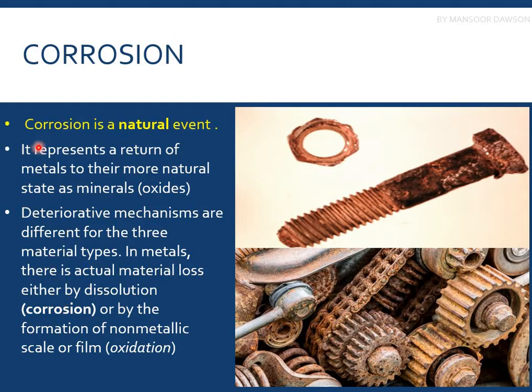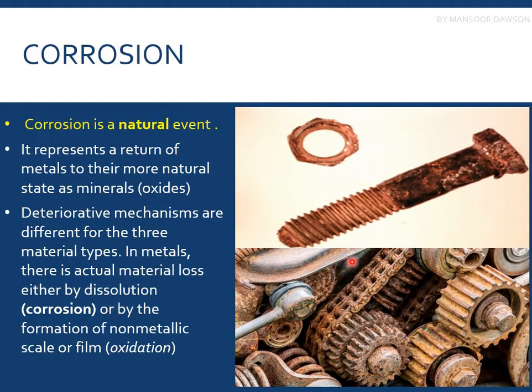So corrosion is a natural event that represents a return of the metals to the more natural states as minerals and oxides. So deteriorative mechanisms are different for the three types. In metals, there is an actual loss of either by dissolution or by the formation of non-metallic scale or film.